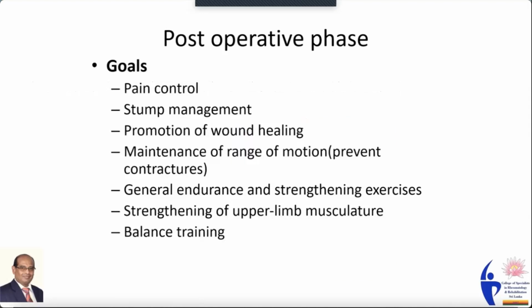So pain control is one of the main goals in the immediate post-operative phase, which helps the patient to psychologically feel better and accept the rehabilitation program. Stump management needs to be started early, so that you have a good healthy stump, or at least a prosthesis-friendly stump, for the patient to be able to use it functionally well.